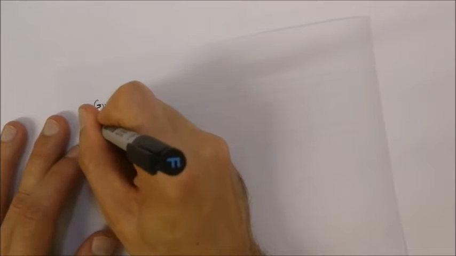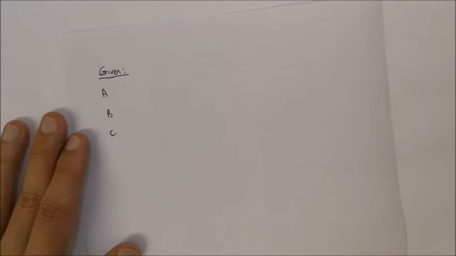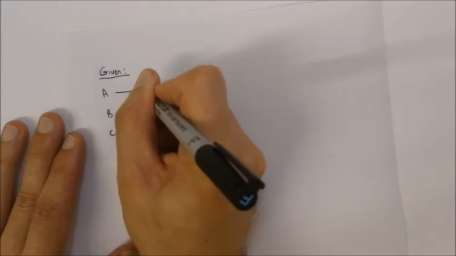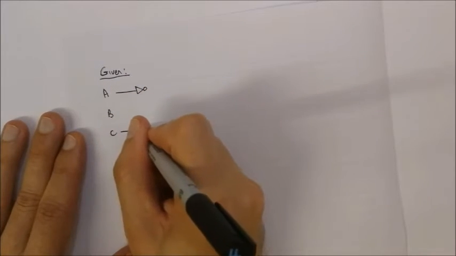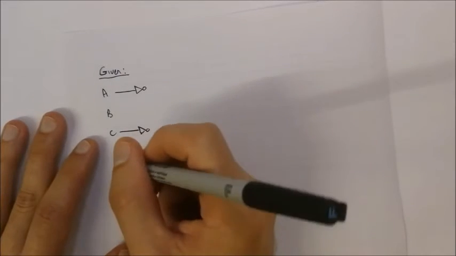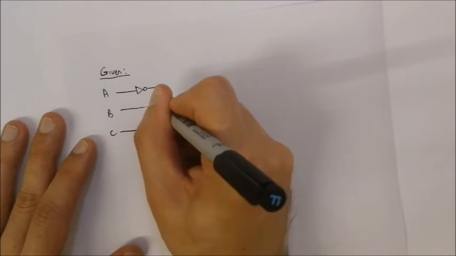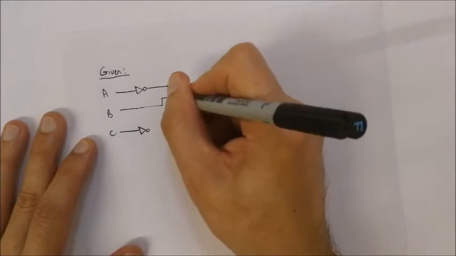You've got inputs A, B, and C. A might be going through a NOT gate, and C might be going through a NOT gate. A naught will come out, and it might get ANDed with B.